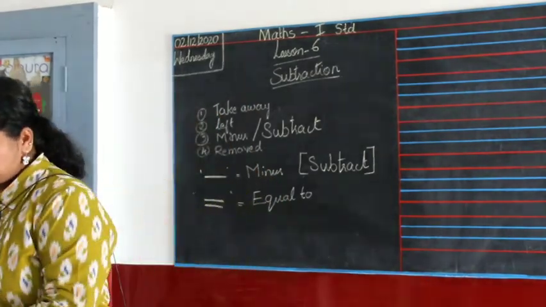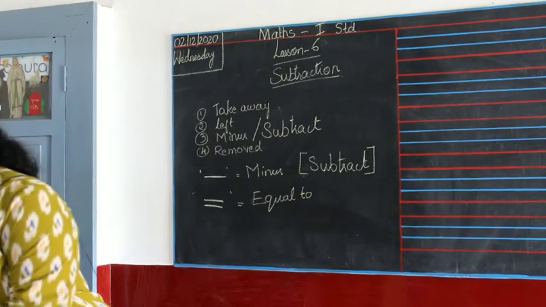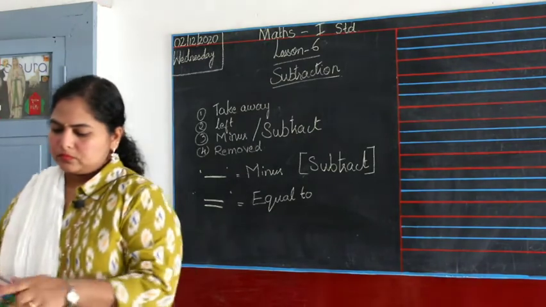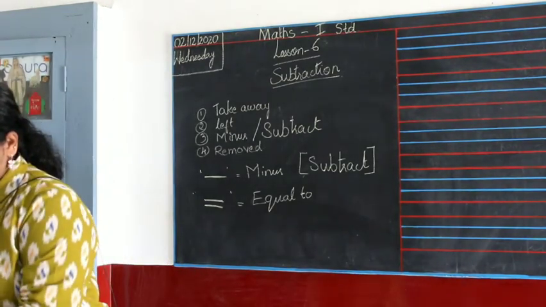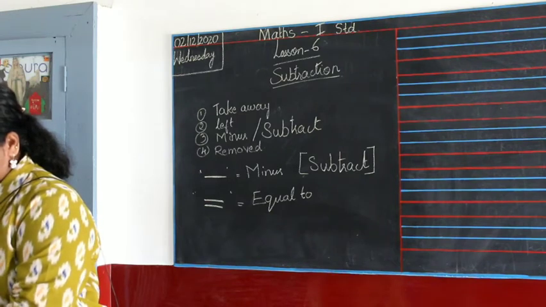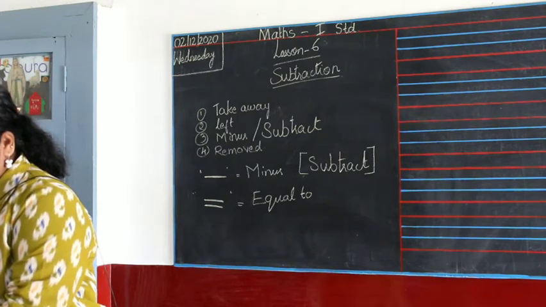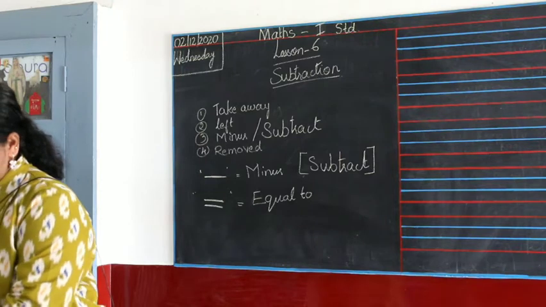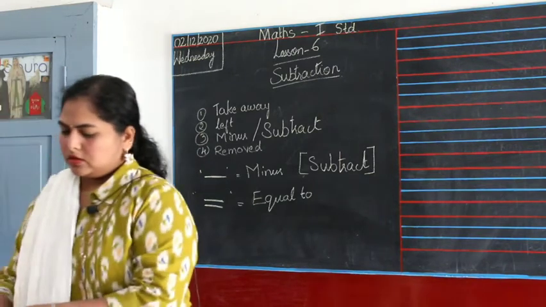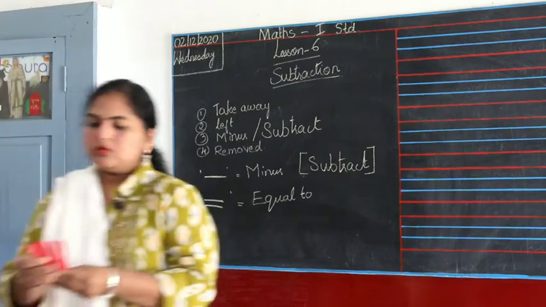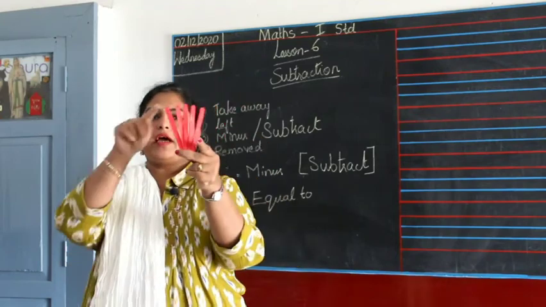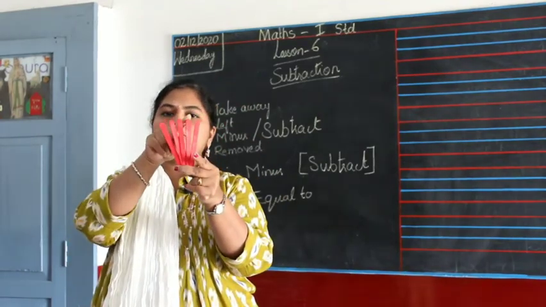So I will demonstrate with a few things. Now I have a few sticks for you all. Okay, so I have 5 popsicle sticks. How many do I have? 1, 2, 3, 4, 5.